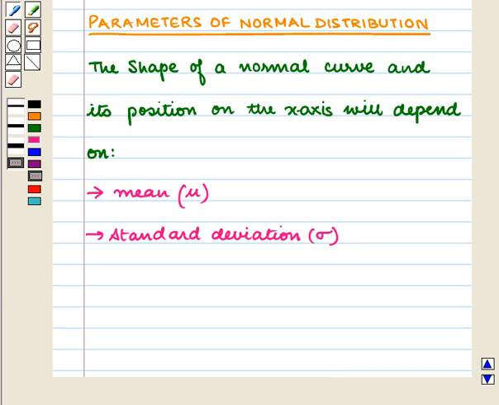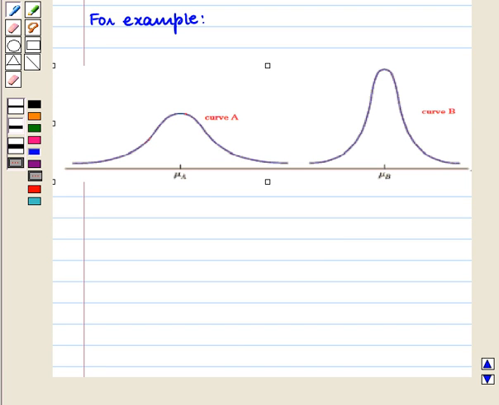It means the curve for different variables that are normally distributed will have similar bell shape, but they will have different position and spread. For example, see the two normal curves given.